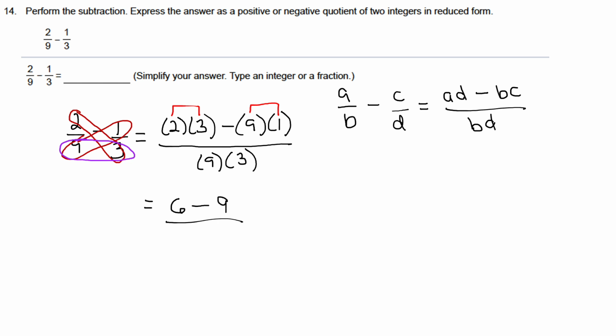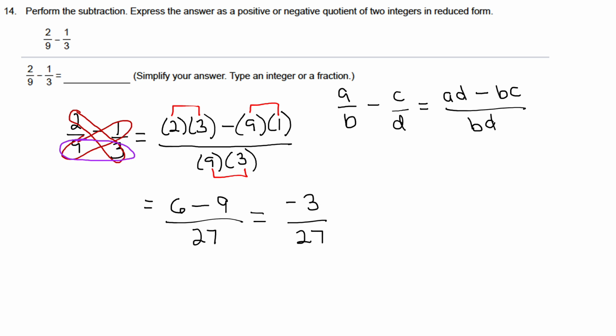And then the denominator is 9 times 3, which is 27. Now I'm going to subtract the top numbers. 6 minus 9 is a -3. So I have -3 over 27.